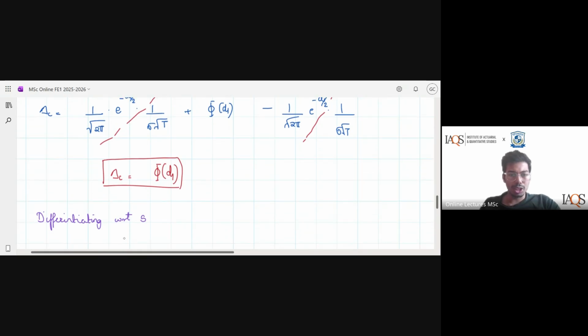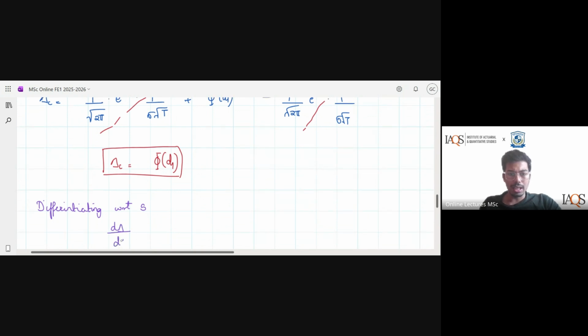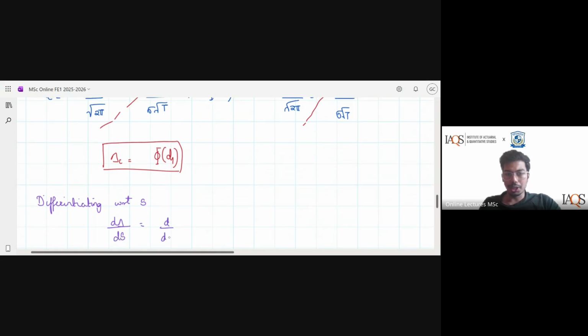So the equation will become d delta upon dS is equal to, I'll apply chain rule over here. d by dd1 of phi of d1 into d by dS of d1. The same way that we did it in delta.